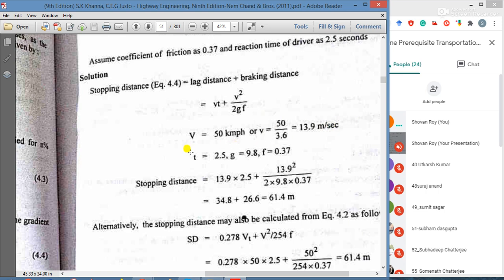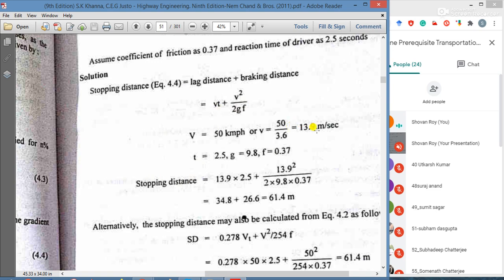T is already mentioned in the question, 2.5 seconds, the reaction time of the driver. g is 9.8, and f is also mentioned in the question, 0.37. Now calculate the safe stopping distance. The formula is Vt plus V square by 2gf.